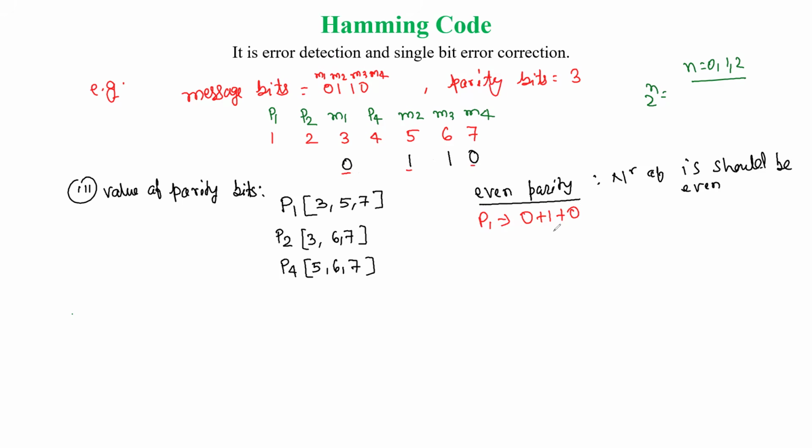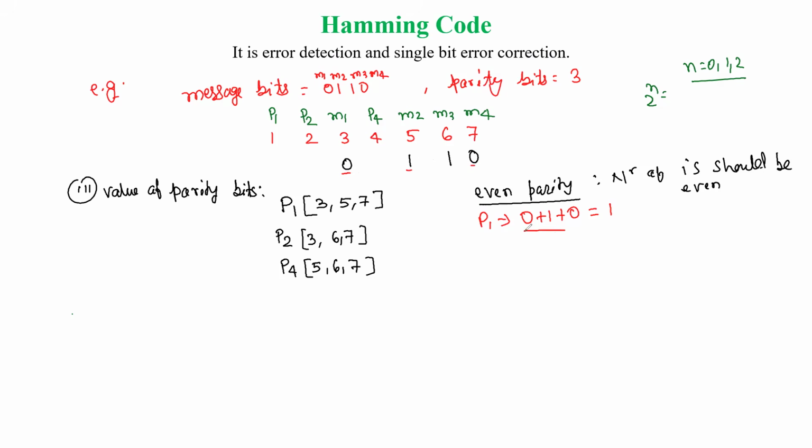So here we can apply the XOR gate concept also, or simply add. Since XOR is going to represent the odd function, that discussion will be later. So generally, a simple way: 0 plus 1 plus 0. If you do the sum, we get 1.